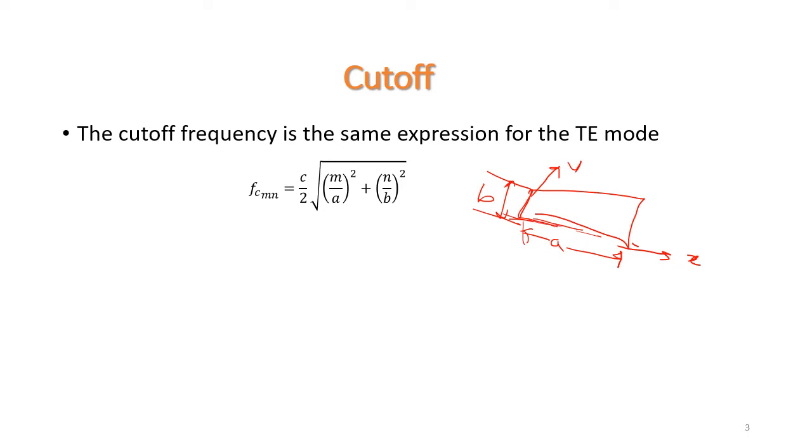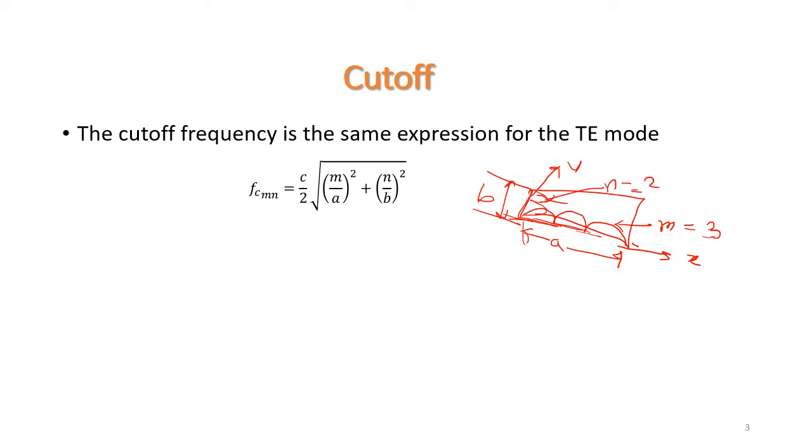When the signal is propagating inside this waveguide, the number of half cycles completed along the x-axis is called m. In this case, m is equal to 3. The number of half cycles traveled by the signal along the y-axis is called n, and in this case, n is equal to 2.